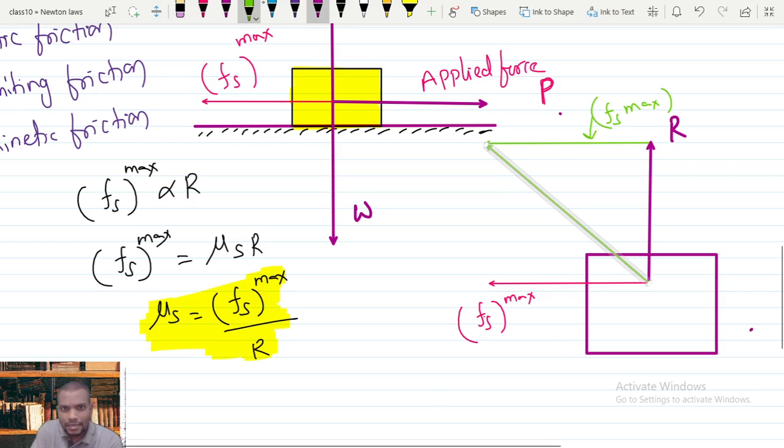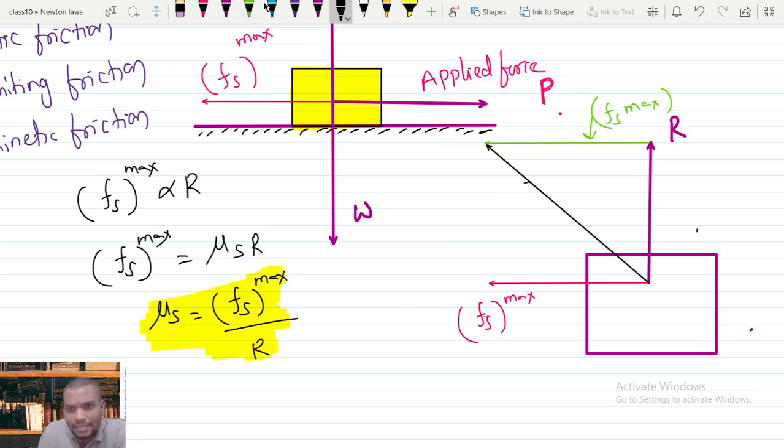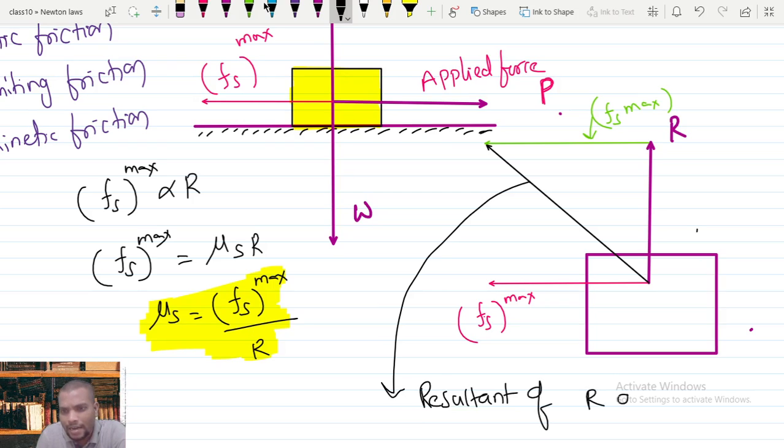I can represent that with this color. This is the resultant vector, which I represent in black. This is very important: the black vector is the resultant of two vectors, one is R, another is the limiting friction vector F suffix s max.